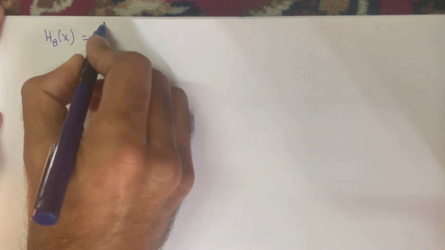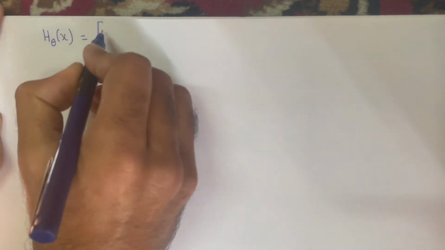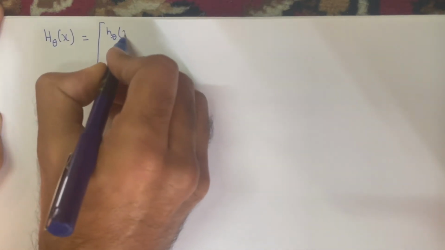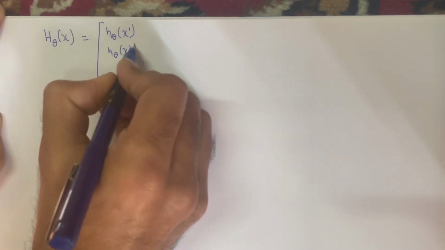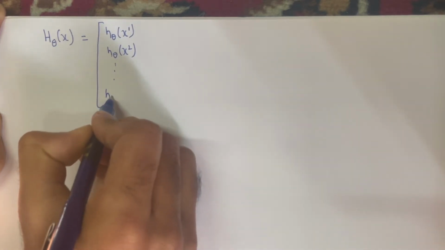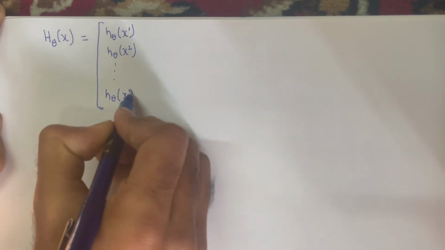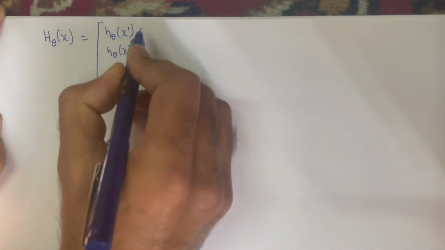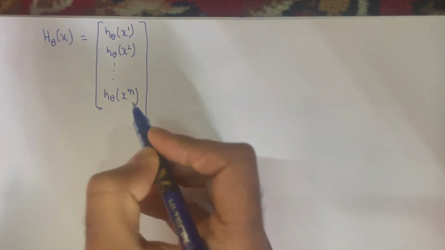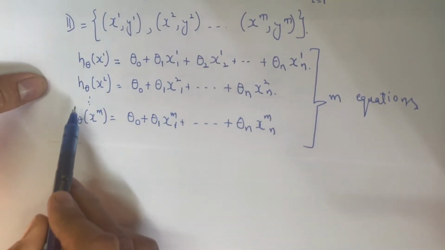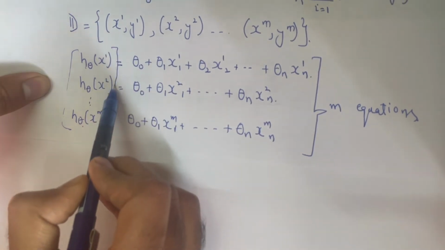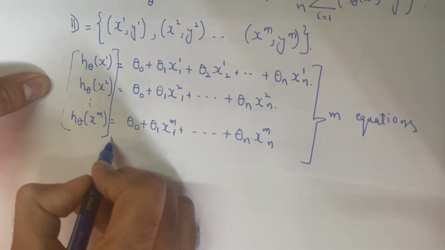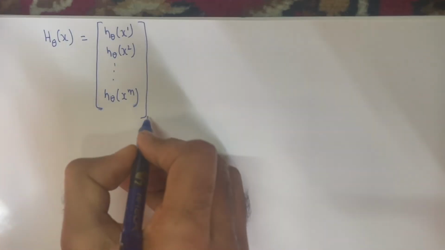This is the matrix: h of theta x1, h of theta x2, up to h of theta xm. So I have combined these m outputs into one matrix, and that matrix is m cross 1.